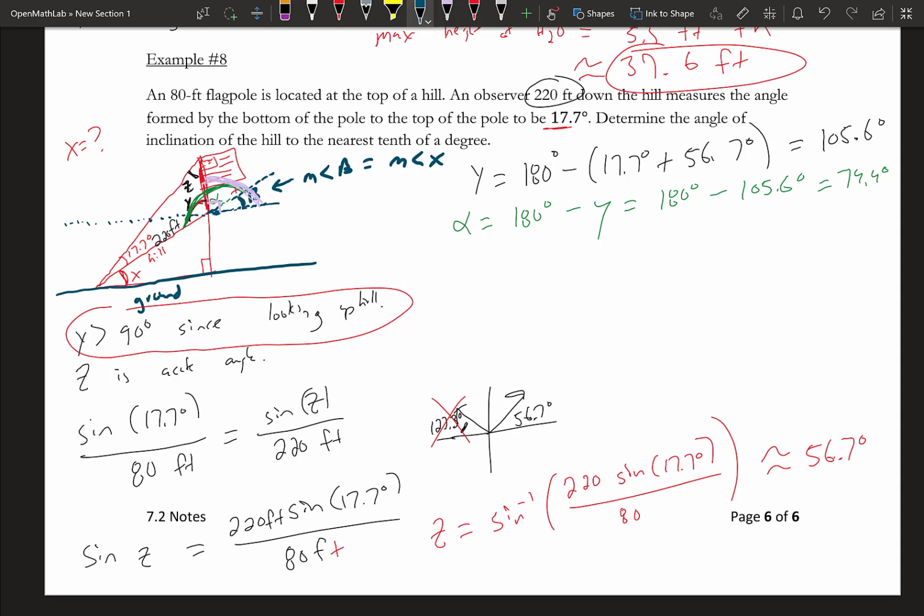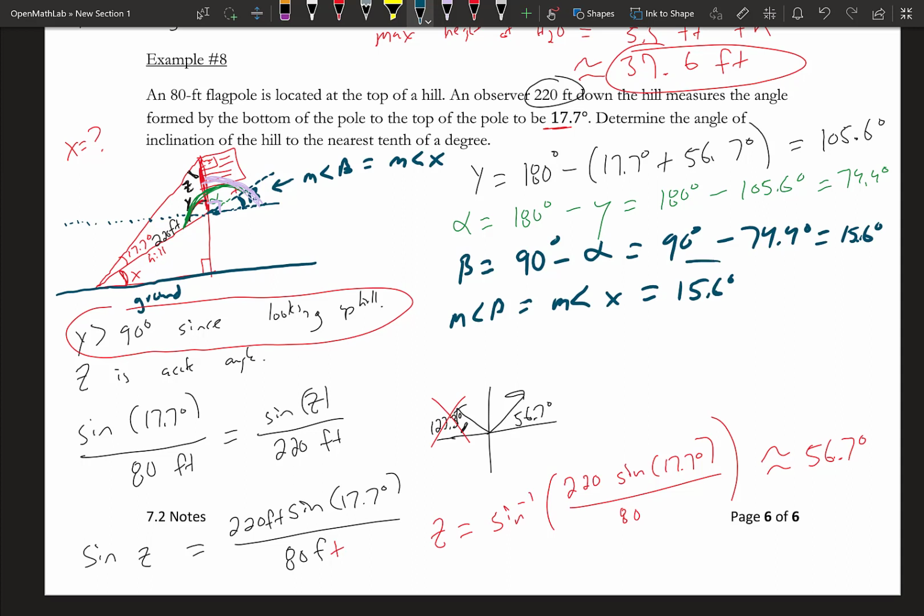So if I want to find beta, that's going to be equal to 90 minus alpha, which would be 90 degrees minus 74.4 degrees, which is equal to 15.6 degrees. Remember that the measurement of angle beta is equal to the measurement of angle x, which is what we were after. So they're both equal to 15.6 degrees. So that's the angle that we were after.